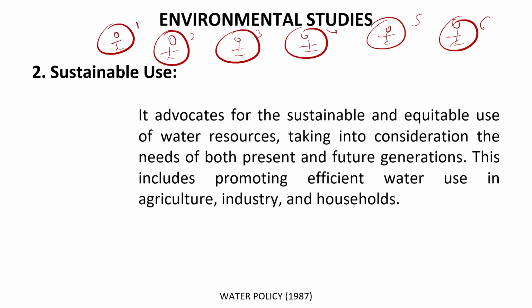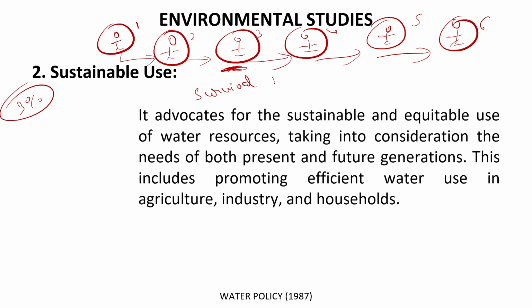The water has been passed to generation 2, thereafter generation 3, and now we are using it in generation 4. So it's our responsibility, because the fresh water we can use is only 3%, to use it in a manner so that it can be passed on to generation 4, generation 5 and generation 6, which is necessary for the survival of life.